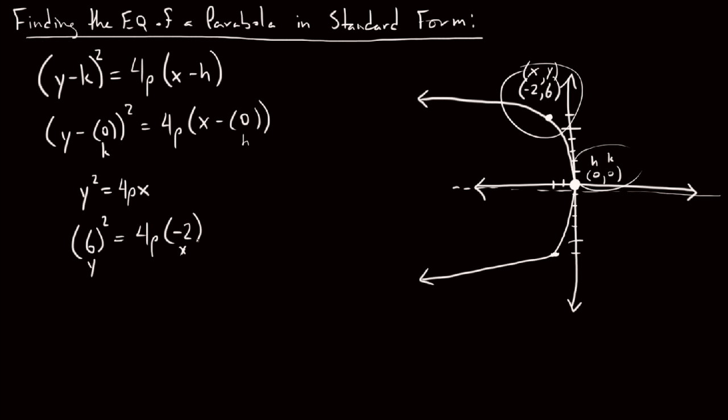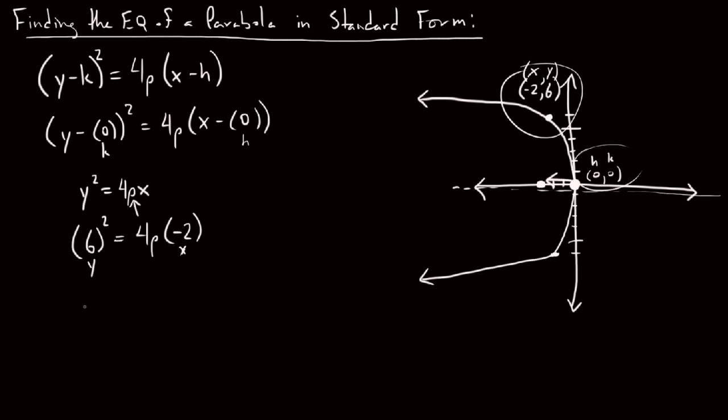Keep in mind our only ambition here is to solve for p. This graph opens to the left, which implies that our focus, wherever it is, lies to the left of our vertex, so p must be negative.